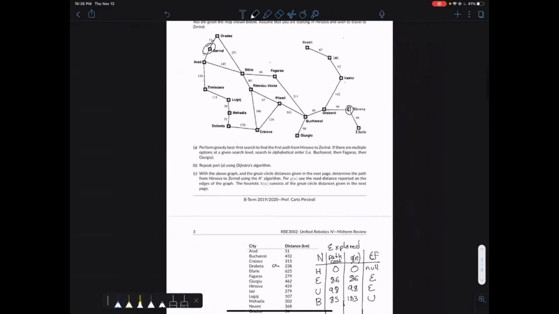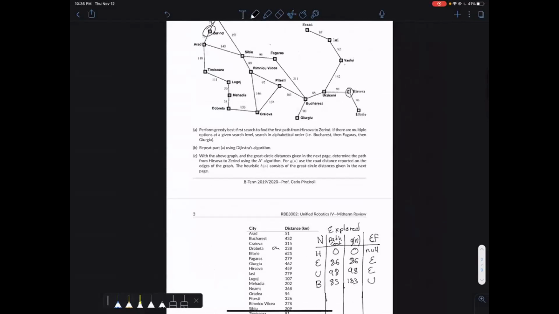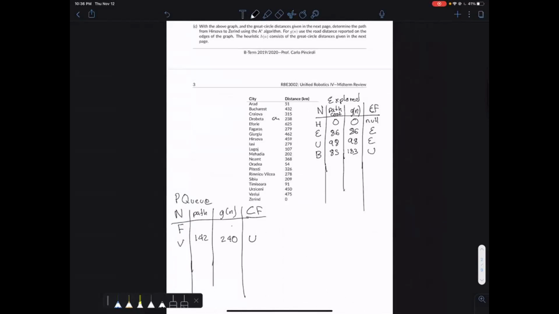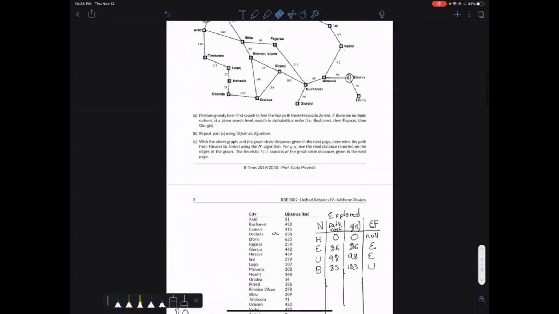So we were on node B. We need to add all of B's neighbors. B has 3 neighbors. It has node F. The path cost from B to F is 211. Our g of n, which is our last g of n from node B, is 183. So 183 plus 211, which should give us, if I can do math, what is that number?